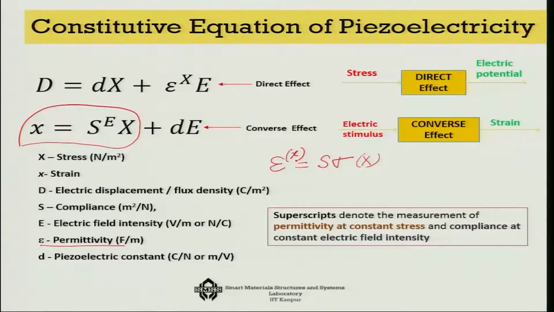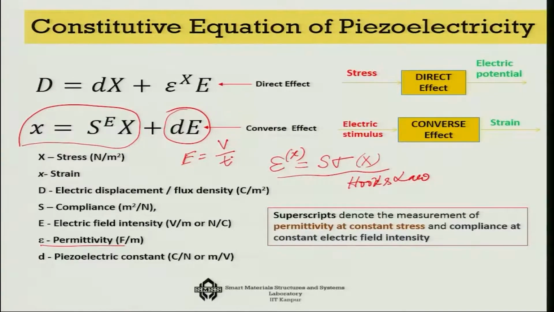Now with this relationship, you know that this is nothing but the Hooke's law, right, in one form or the other. So the first part of the second equation is actually the Hooke's law. The only thing that is added here that made it functional, made it smart, is that if you add the electric field E, in fact E by definition is actually voltage across the thickness, V over t.